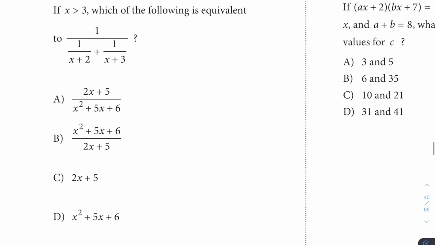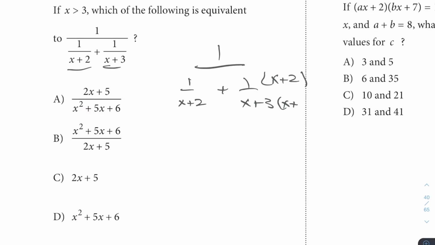It's asking if x is greater than 3, which of the following is equivalent to 1 over x plus 2 plus 1 over x plus 3. So first we'll have to make these common denominators so we can add the tops. So we'll have 1 over x plus 2 plus 1 over x plus 3. And we'll multiply this side by x plus 3, and this side by x plus 2.